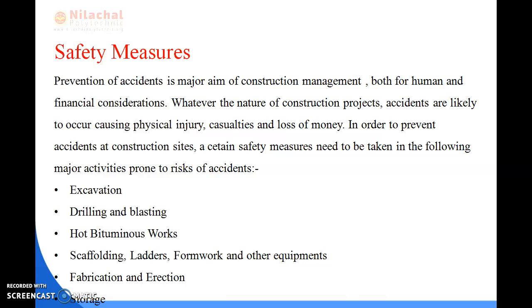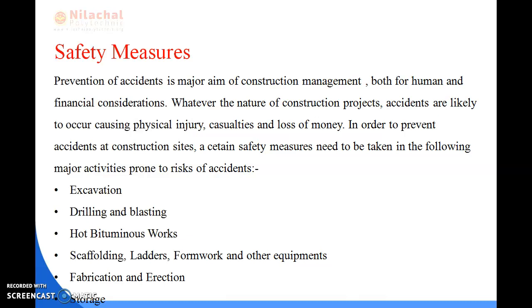So all of us know that prevention of accidents is the major aim of construction management, both for human and financial considerations. If any accident or injury occurs on the construction site, then the contractor or the owner of that project site has to give compensation to the family. So they have to take preventive measures.